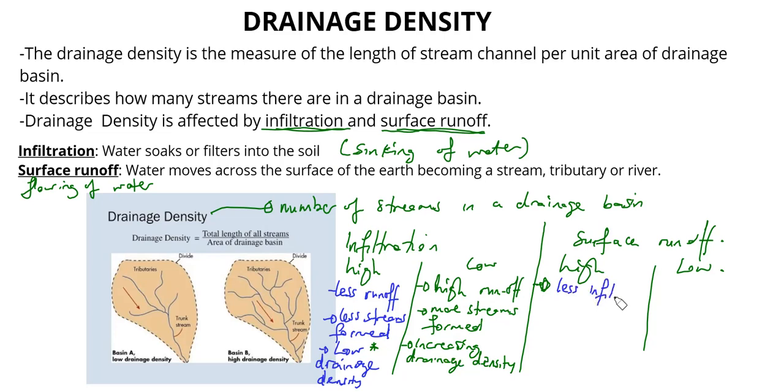So here we are actually saying when you've got high runoff, it means less infiltration. And when we've got less infiltration, we have got more flow here. So more water flows, and we form more streams. And when we form more streams here, we are increasing drainage density.